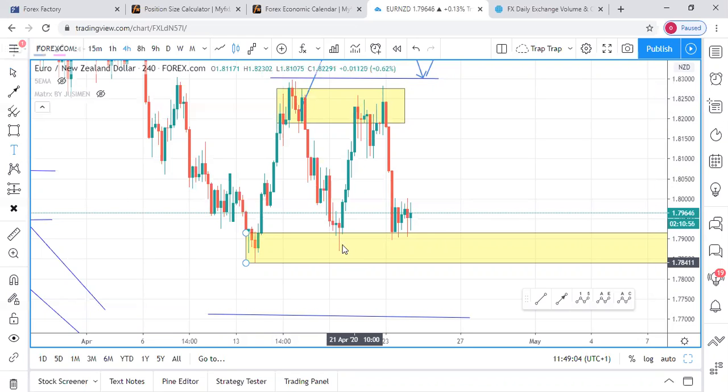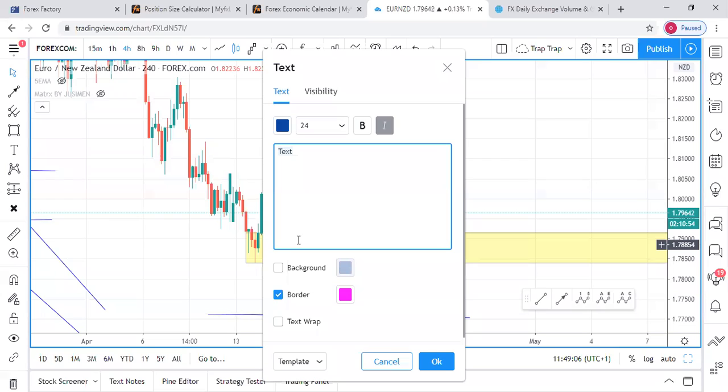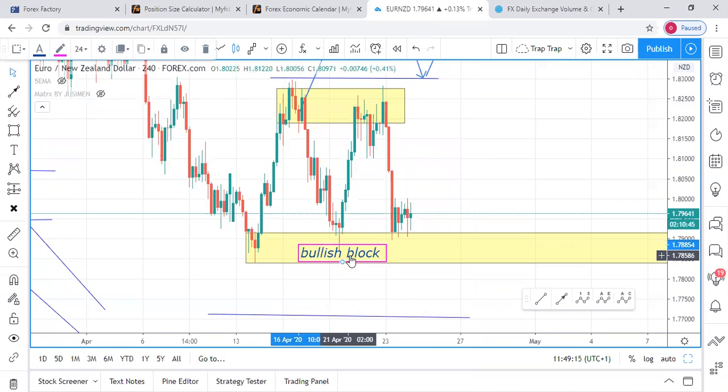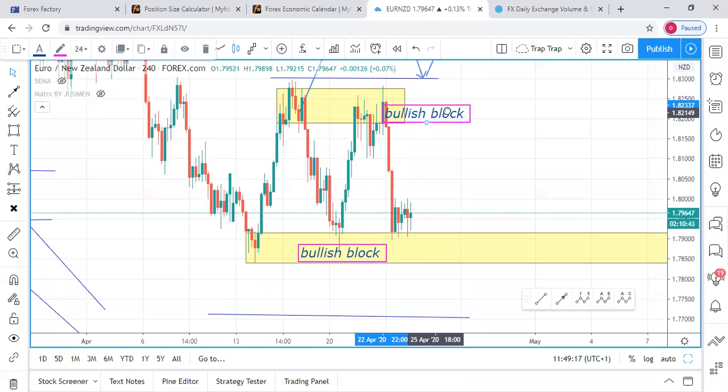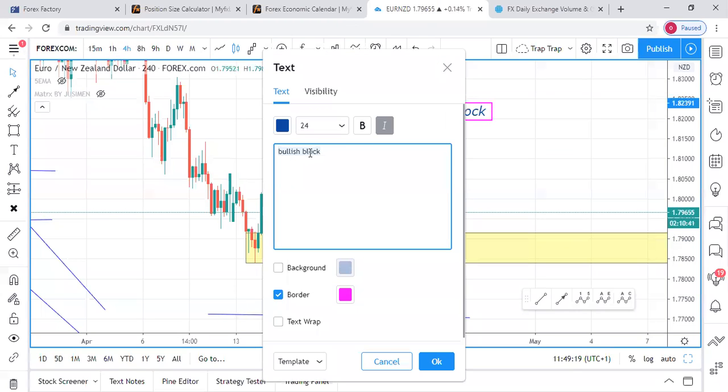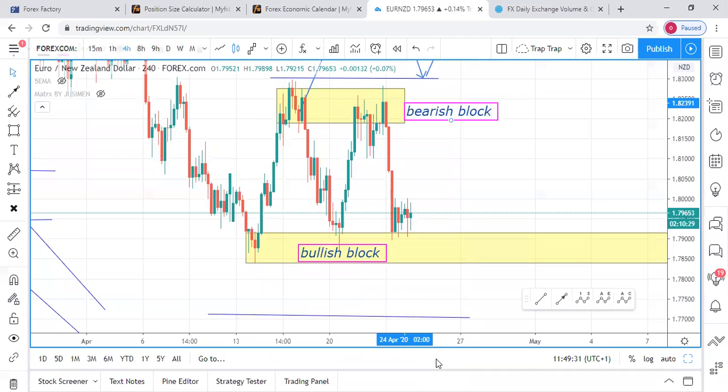So here we have our bullish block, and here we have our bearish block. I believe we understand.